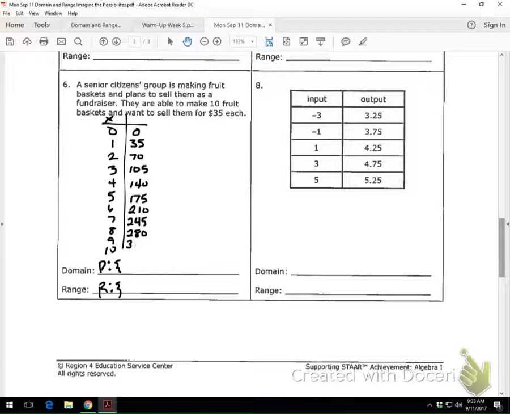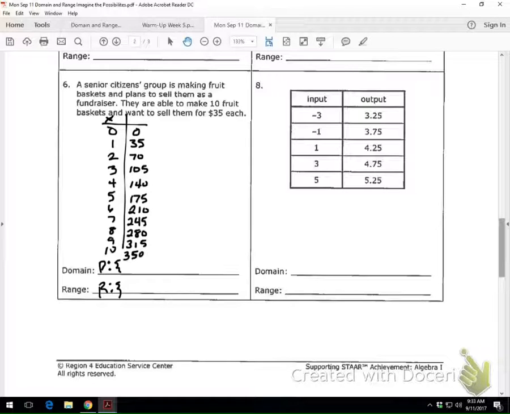It's not 315. Should be 325. No. Yeah, it's 315. And then 350, right? Okay.